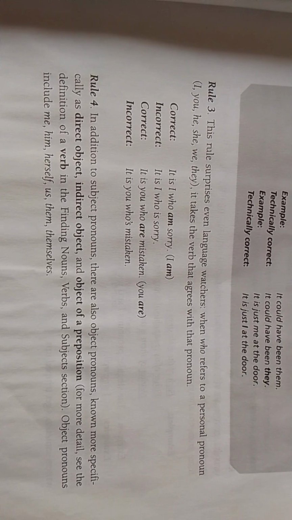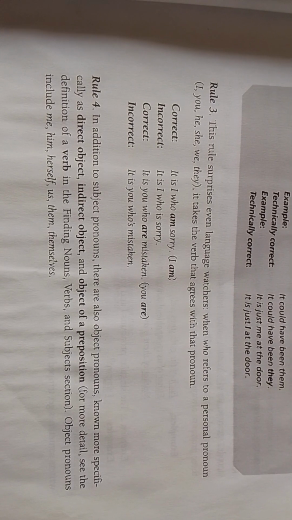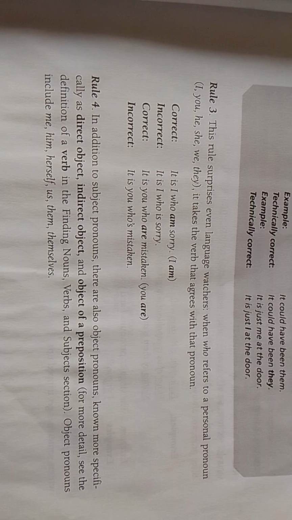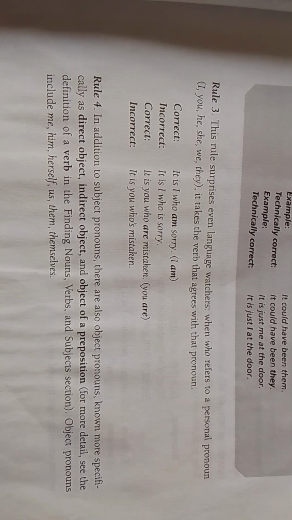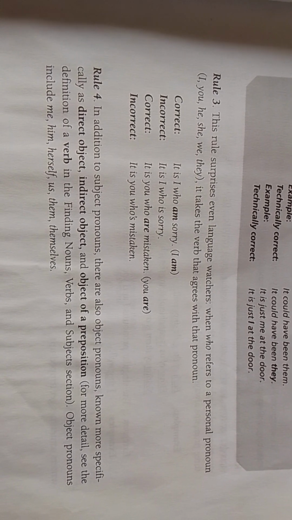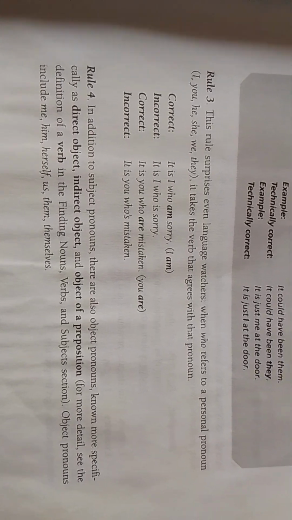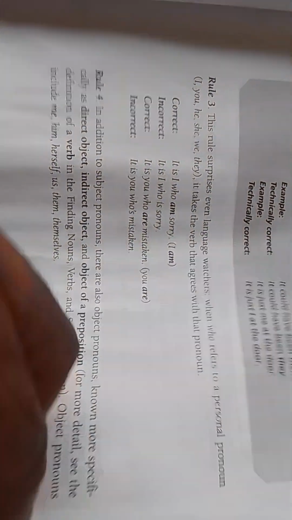Next, rule number 4. In addition to subject pronouns, there are also object pronouns, known more specifically as direct object, indirect object, and object of a preposition. Object pronouns include me, him, her, us, them, themselves. "Jean saw him."